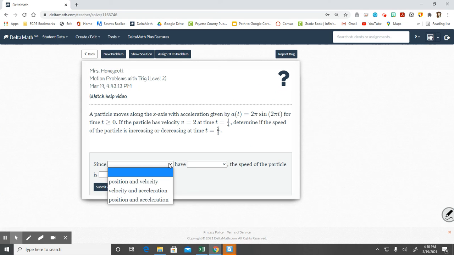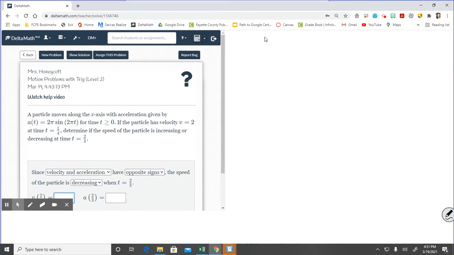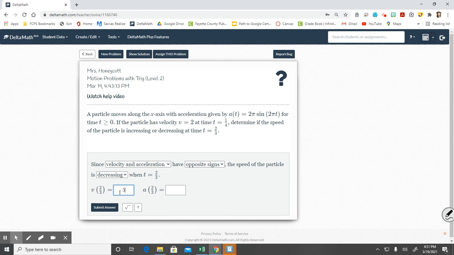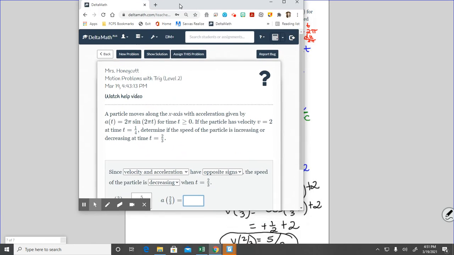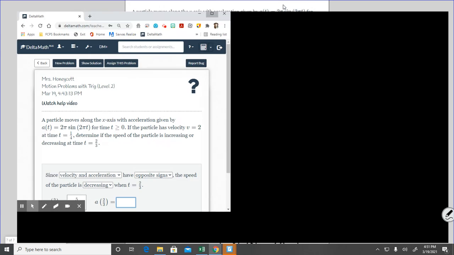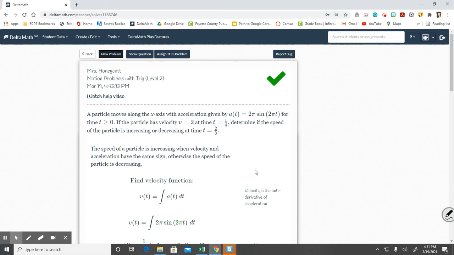You would say, since velocity and acceleration have opposite signs, the speed of the particle is decreasing when t equals 2/3, because v of 2/3 we said is 5 halves, and a of 2/3 is negative square root of 3 pi. Negative square root of 3, and make sure you type that pi on the outside. And there we go.